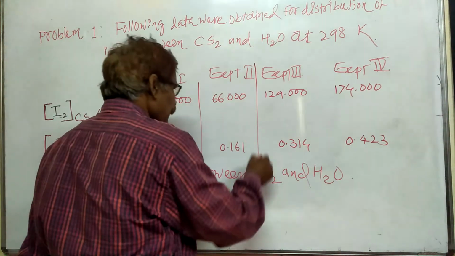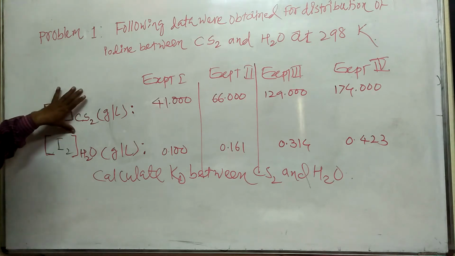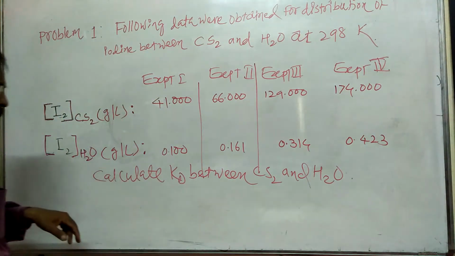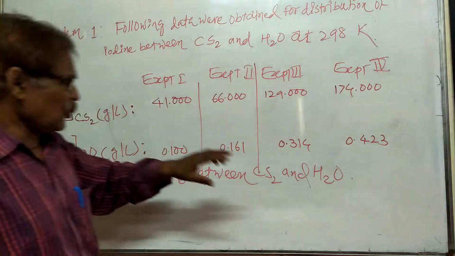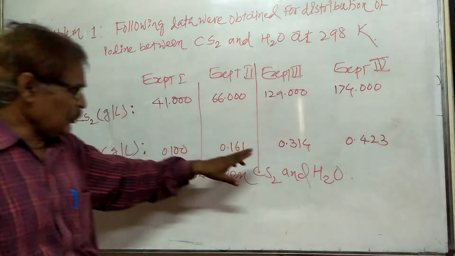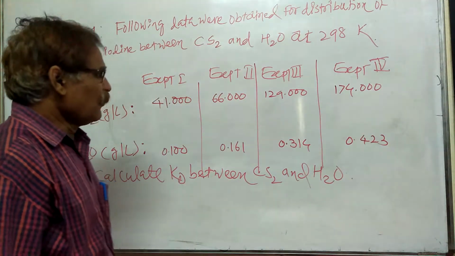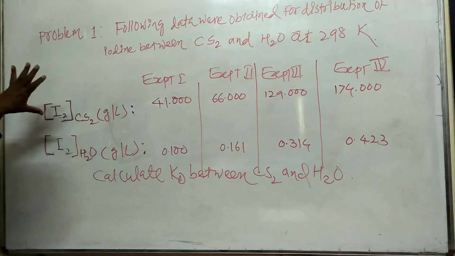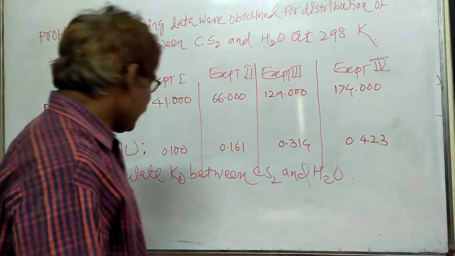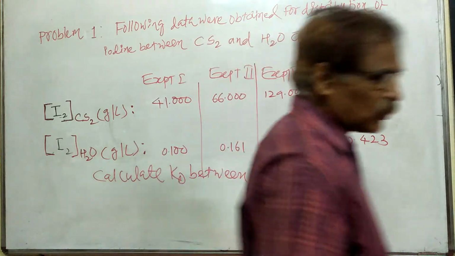0.161. In experiment number 3, the concentration of solute in organic solvent is 129.00, and the concentration of the solute in aqueous layer is 0.314 grams per liter. And in the last experiment, the concentration of solute in organic solvent is 174.00 grams per liter, and the corresponding concentration of solute iodine in aqueous layer is 0.423.